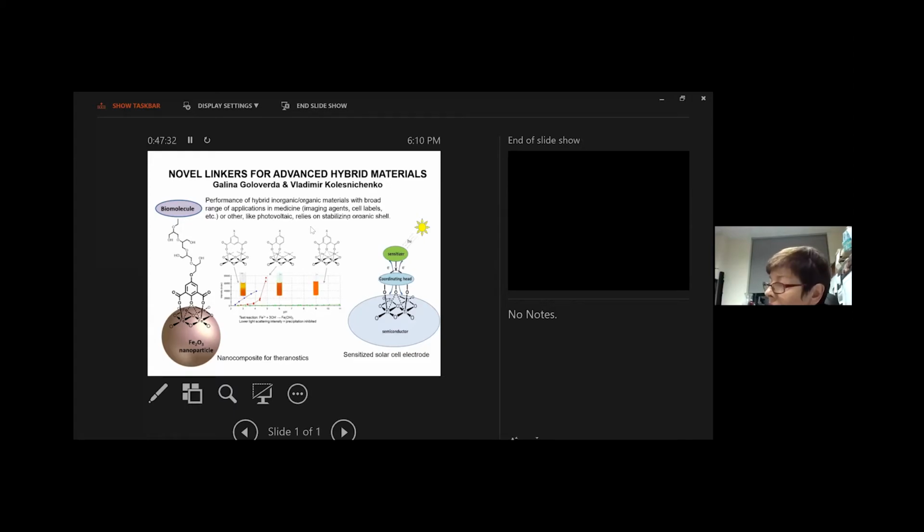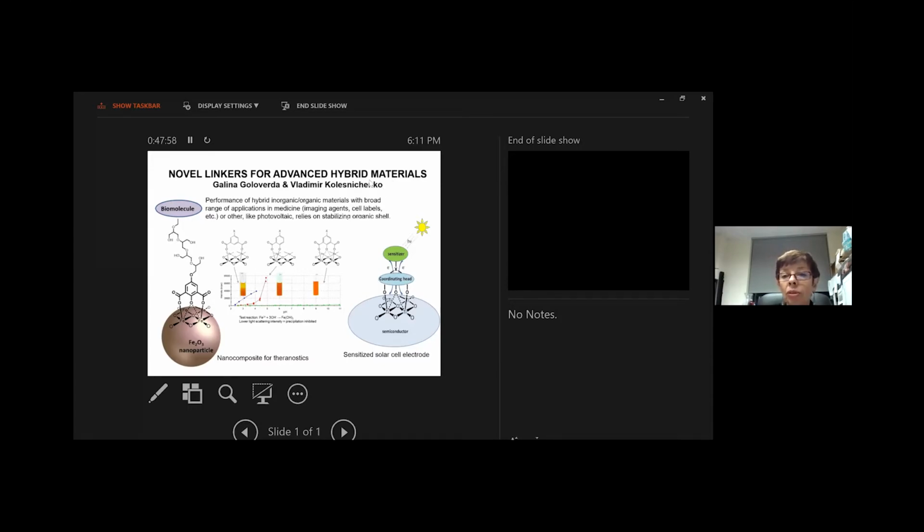They can be cell labels, you can label cells with them, or they can be drug delivery agents, stuff like that. And that's the medicinal part. But you can also have them useful in so-called photovoltaics. That means solar cells and stuff.